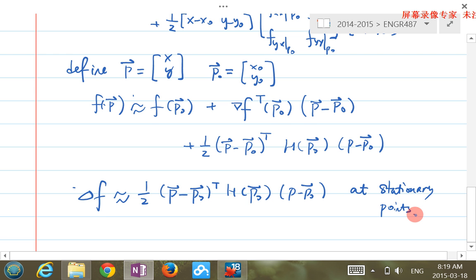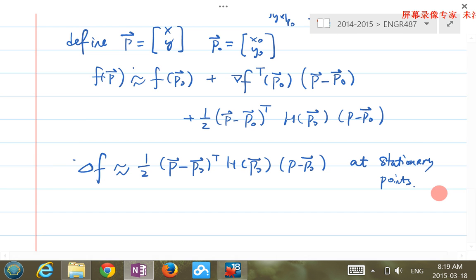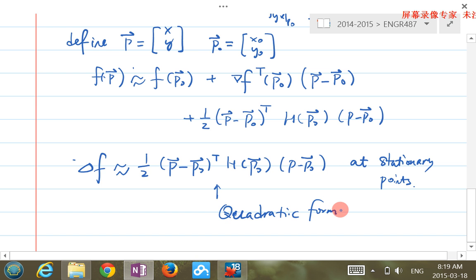So the second term here is called a quadratic form. Actually, this whole thing here is a quadratic form. So why is it quadratic?